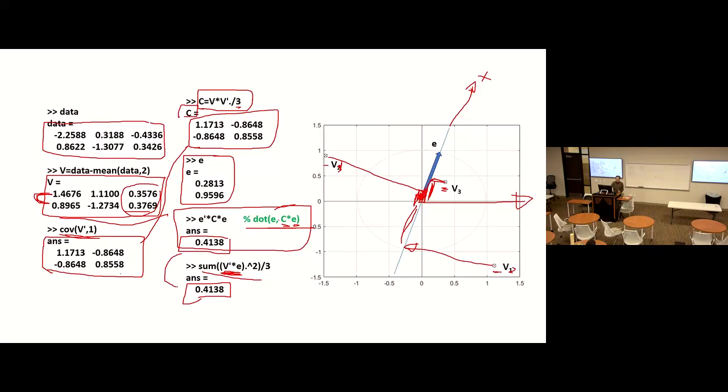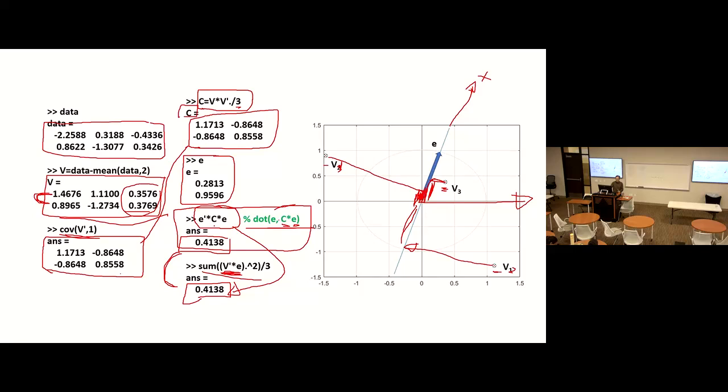So this same number tells you that you can use this equation to compute the total variance after you use E as a new x-axis, or in other words, project on it.